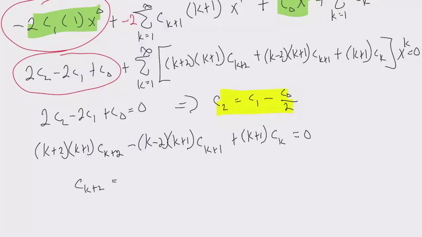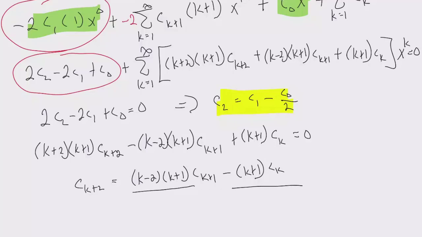So if I move everything over, what kind of general equation do I get? I'm going to have k minus 2, k plus 1, c sub k plus 1 minus k plus 1, c sub k, and each of these terms is going to be divided by k plus 2, k plus 1.